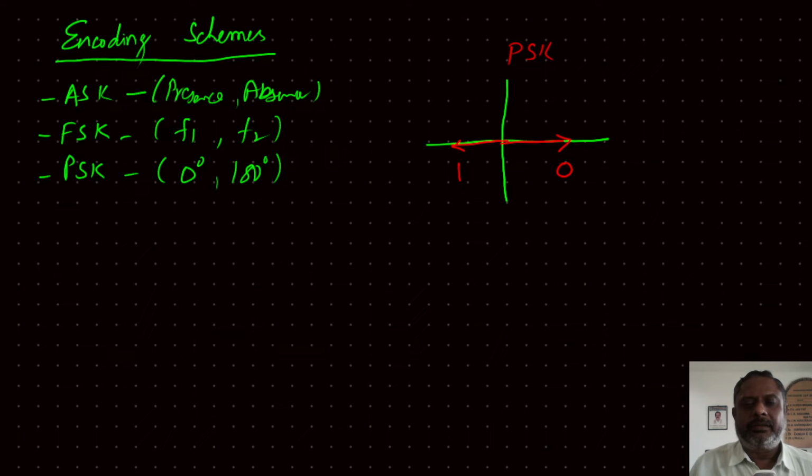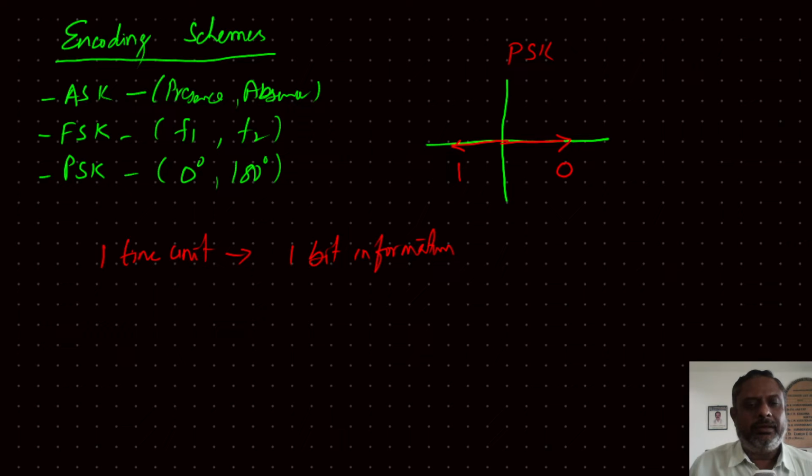So with this, what you are talking about is that in one time unit we are sending 1 bit of information. How is that? If you are talking about ASK, then in one time interval, if you send the signal, it is assumed that you are trying to send a 1. If you don't send anything, it is assumed that you are trying to send a 0.